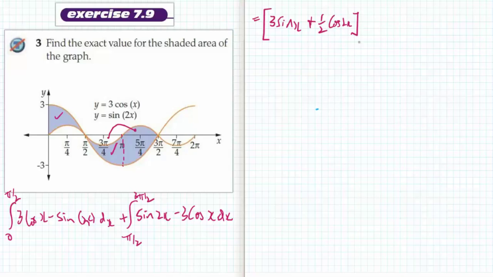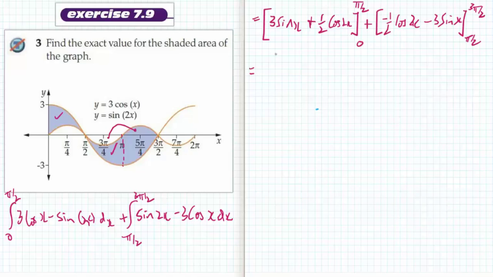And that goes from 0 to pi on 2. Plus, the second integral, well, the integral of sine will be negative a half cos of 2x. And the integral of cos is positive sine, so minus 3 sine of x, and that's from pi on 2 to 3 pi on 2.